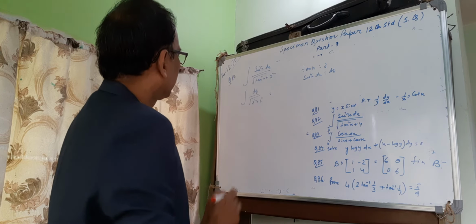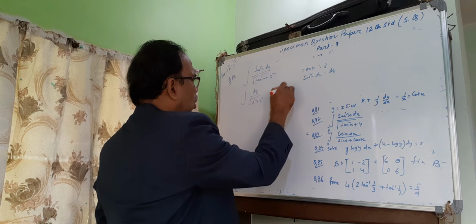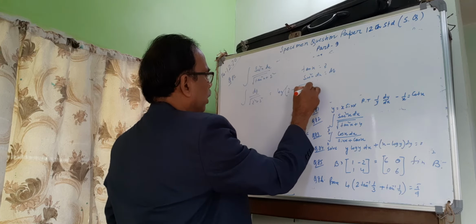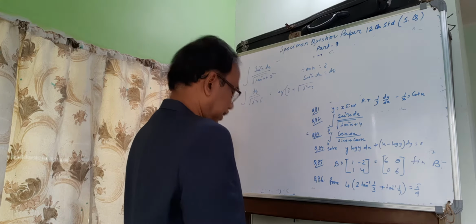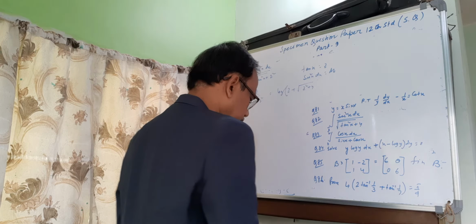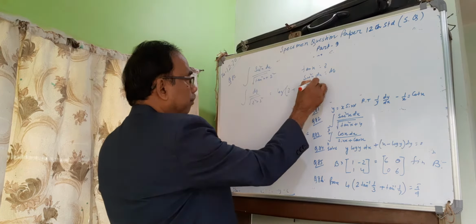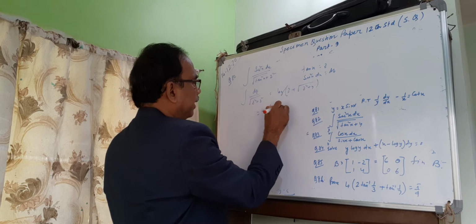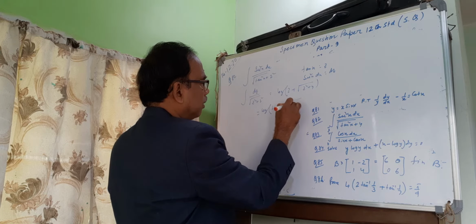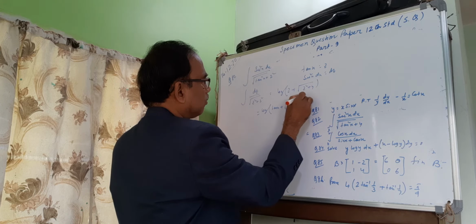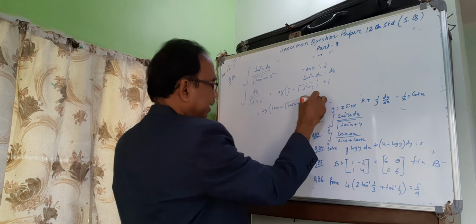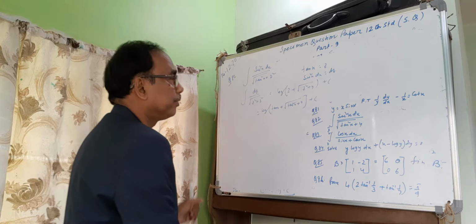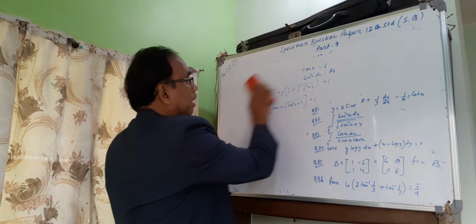That is log of z plus root of z² + 4. Put the value: log of tan x plus root of tan² x + 4 plus c, where c is an arbitrary constant. That is the answer of the given integration.